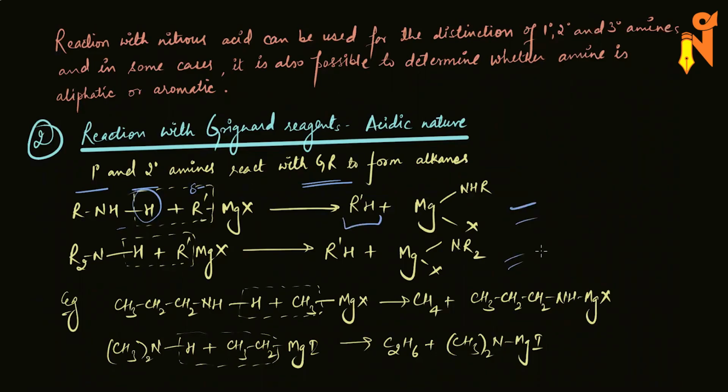I don't think I need to elaborate this reaction any further; we have done Grignard reagent in a lot more detail when we did that chapter, so you can just refer to that. The only thing you have to understand is that your amine has the acidic hydrogen, which will go along with the alkyl group of your Grignard reagent and form the respective alkane.